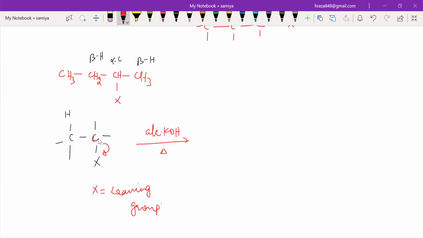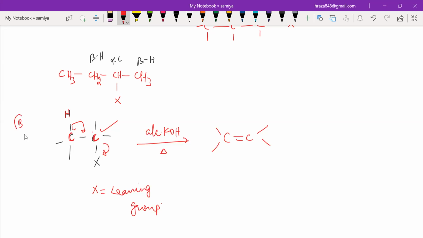When carbon donates electron to X, there will be a positive charge on carbon, and this bond will be broken. That means the electron of the hydrogen will be gained by this carbon. Now this carbon will have two electrons, one of which it will donate to this carbon, and there will be formation of a double bond.